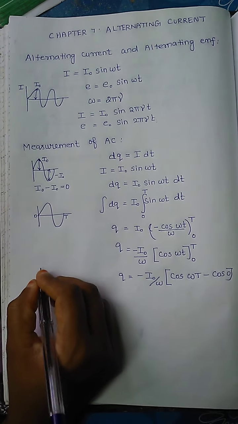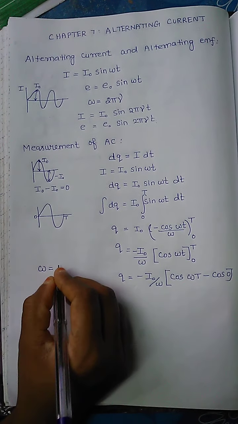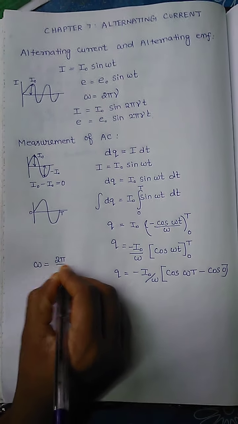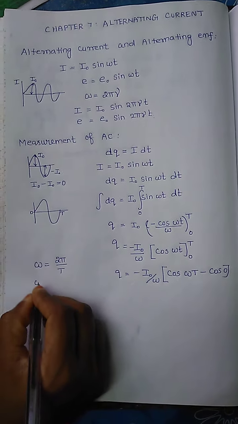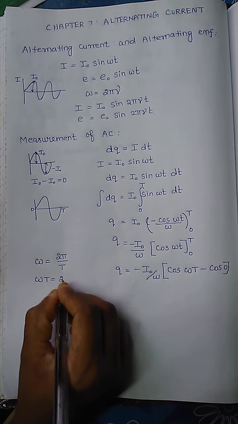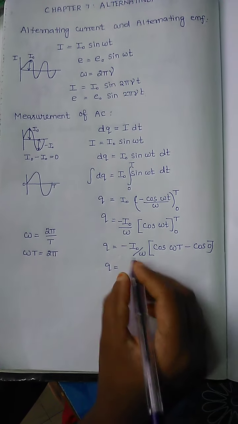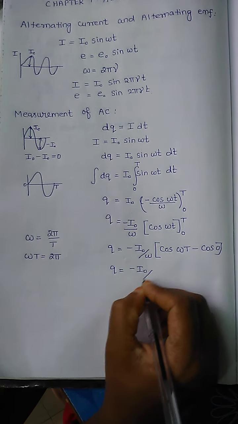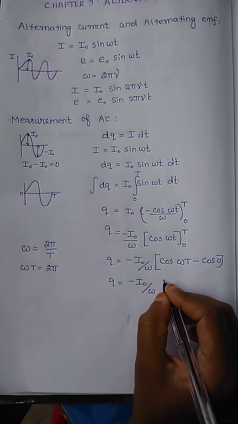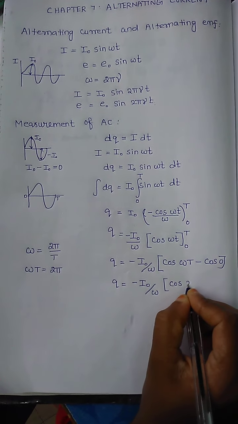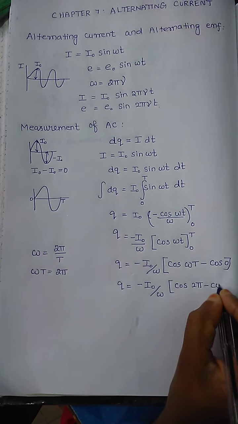We know that angular velocity omega = 2 pi divided by T, so omega T = 2 pi. Substituting this, q = minus I naught by omega times cos 2 pi minus cos 0.